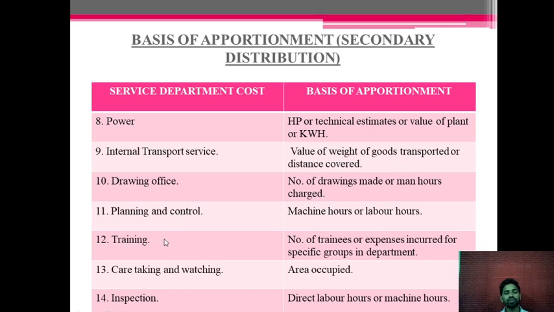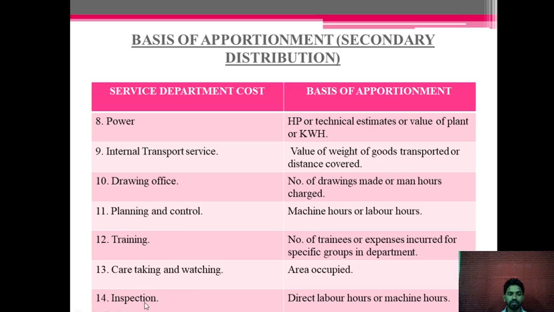The cost incurred while training the staff is apportioned on the basis of number of trainees or expenses incurred for specific groups in the department. Next, caretaking and watching, meaning security, on the basis of the area occupied.